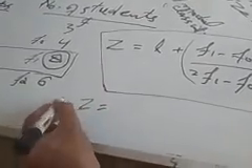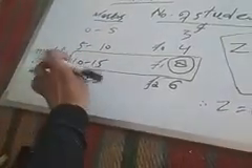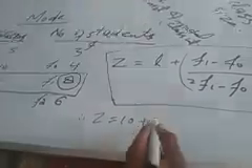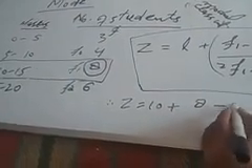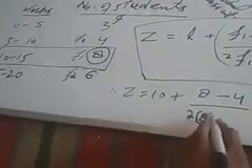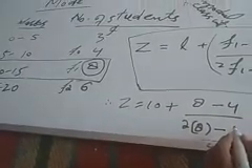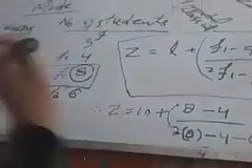Mode equals L1, the lower limit of the modal class interval, which is 10, plus F1 is 8, minus F0, that means 4, divided by 2 times F1 which is 8, minus F0 which is 4, minus F2 which is 6, into h, the class size. 0 to 5 or 10, class size is 5.